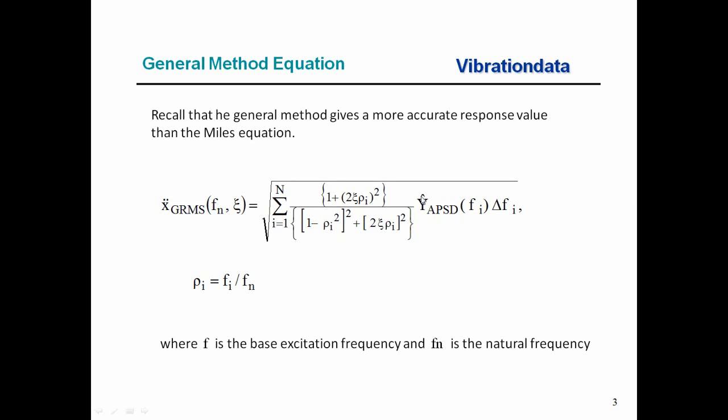That's going to be y caret, and the base input PSD can vary as a function of the excitation frequency. So it can have peaks and dips and valleys and ramps, plateaus, slopes, whatever you can imagine. It can be defined over a finite frequency domain.